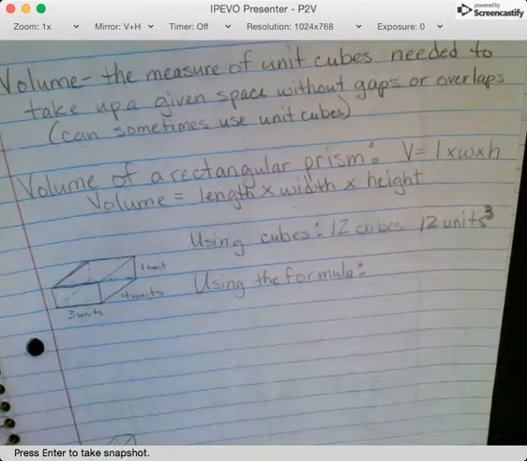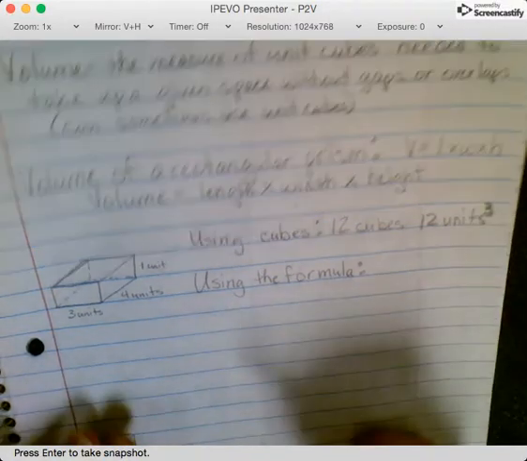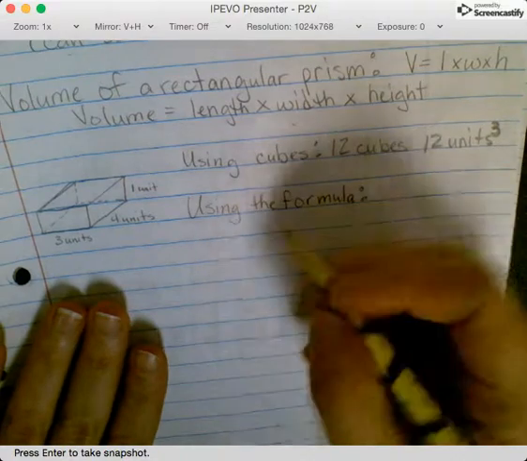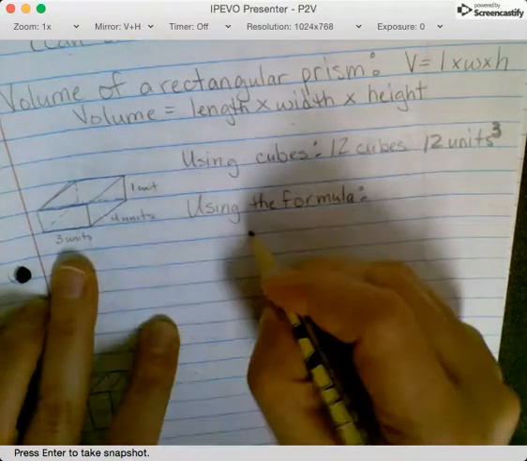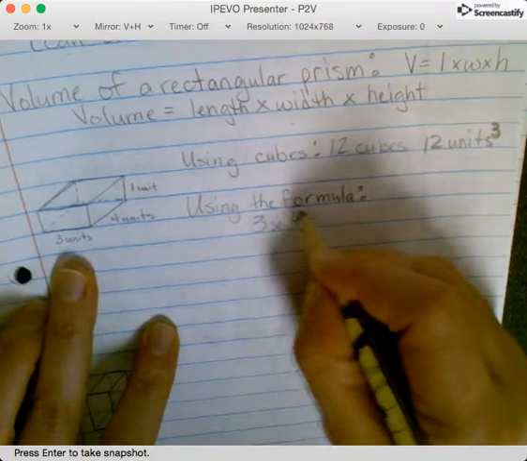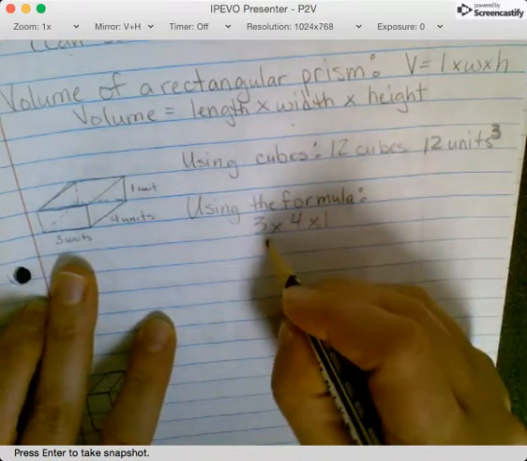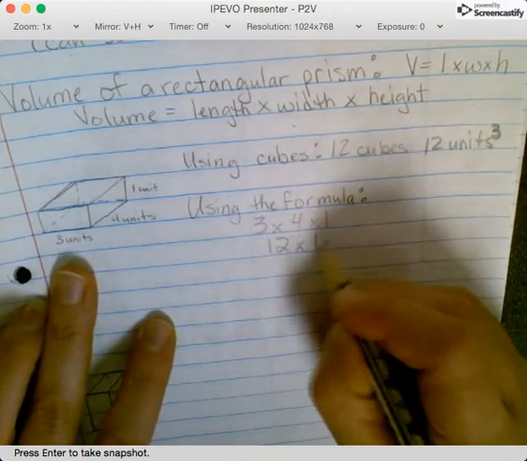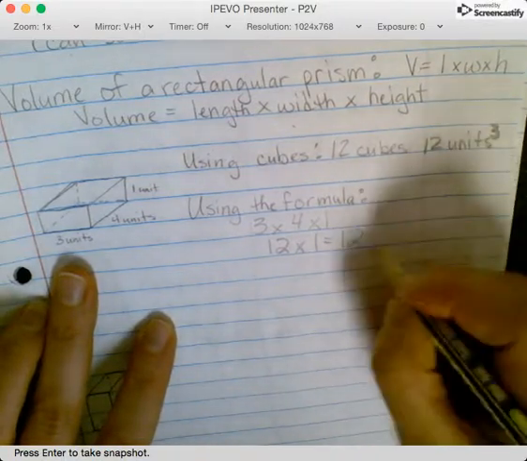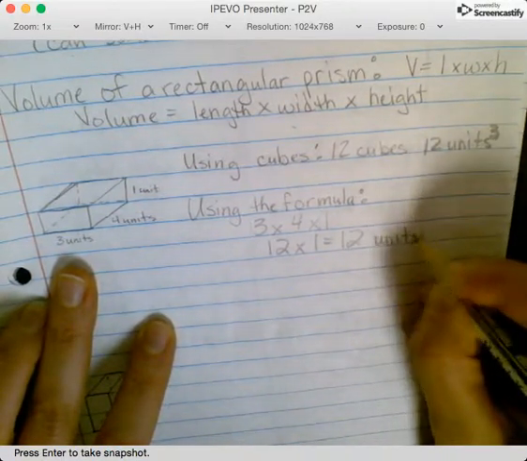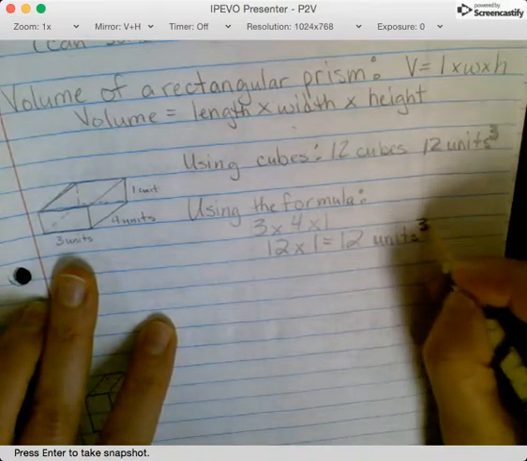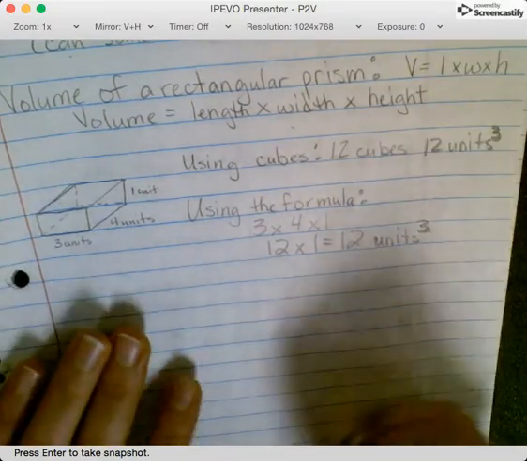Now I'm going to show you using the formula. So using the formula, length times width times height, I have 3 times 4 times 1. 3 times 4 is 12. 12 times 1 is 12. And again, it's going to be labeled in 12 units to the third power, cubed.